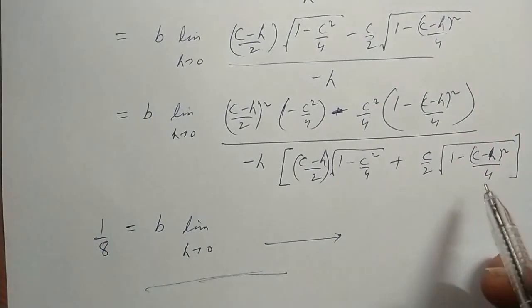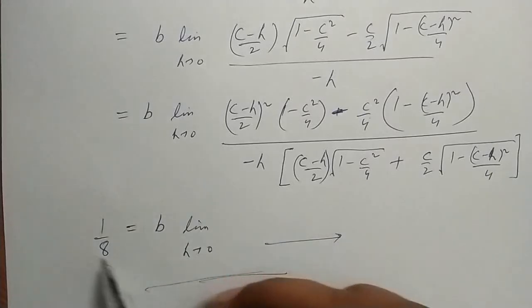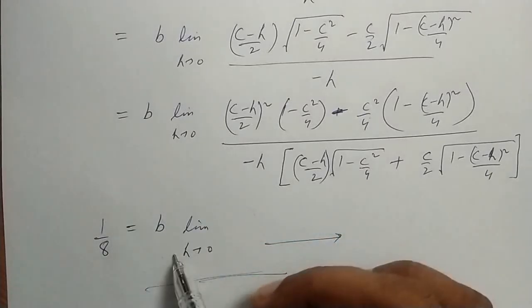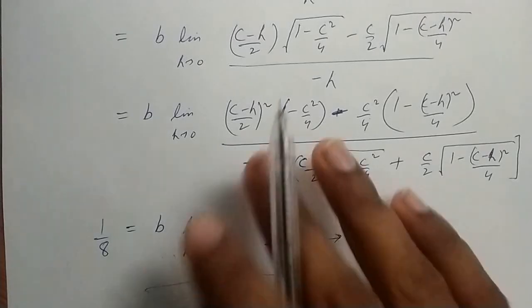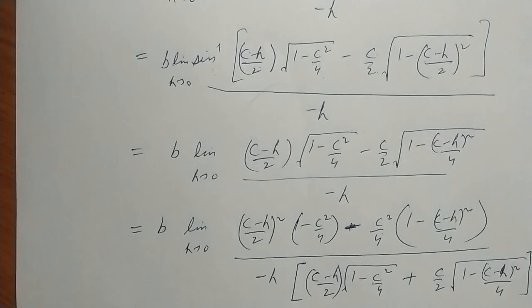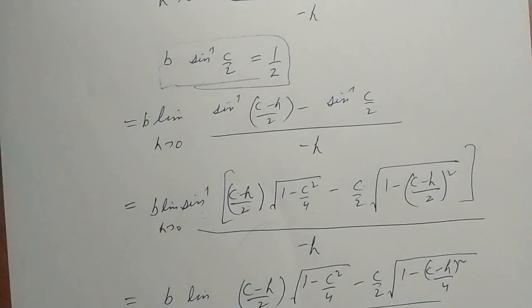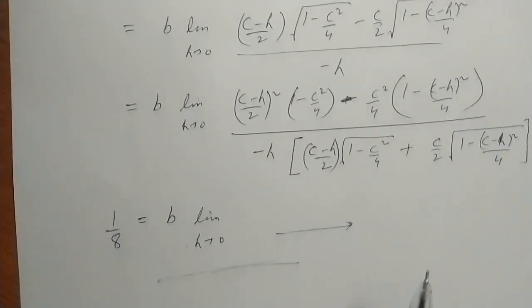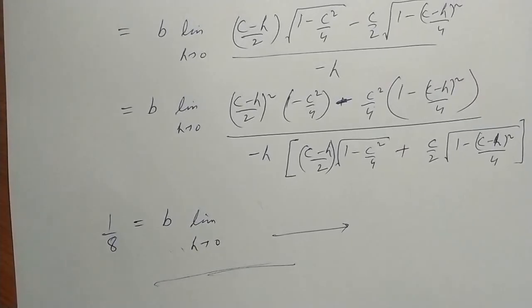So when h tends to 0, you would get one equation in b and c from over here, and you already have one equation from before. Both of these equations can be used to prove the result. Okay, thank you.